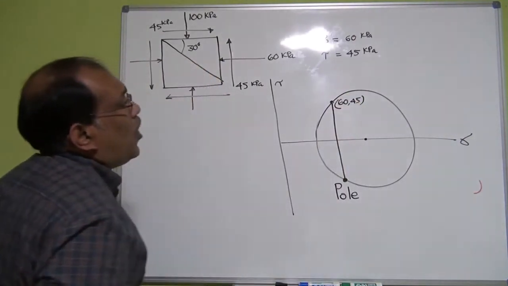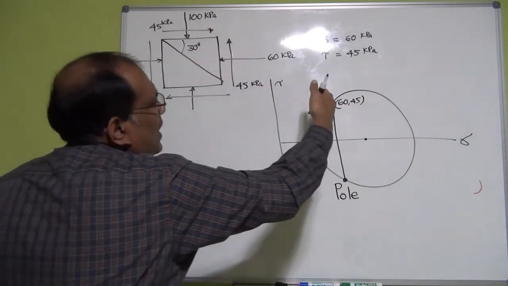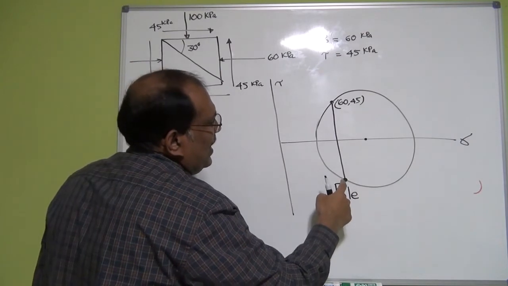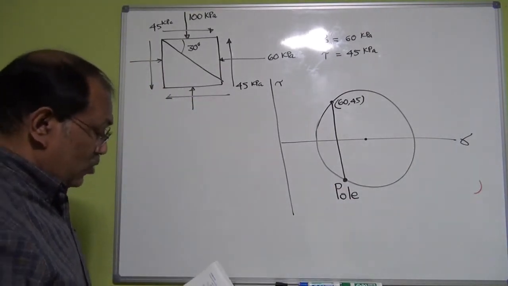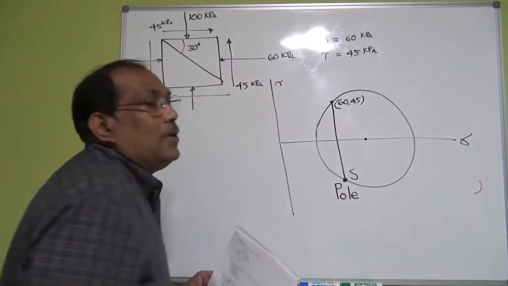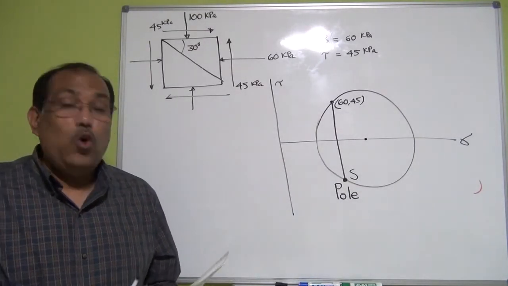Now you have to draw a line parallel to this face. That's a vertical line, and this vertical line will intersect the circle at this point. In your case, this is S. So S is your pole.